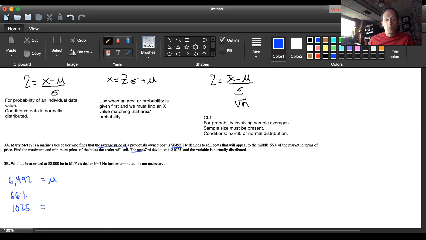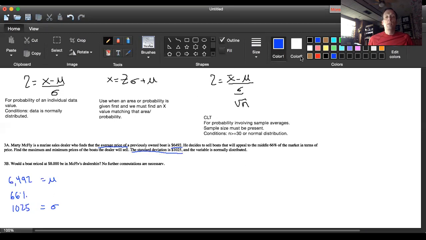My 1025 is going to be my population standard deviation because it's quoted with the words standard deviation, so I'm going to make that my symbol for sigma. And they're asking us something about finding minimum and maximum prices. That's not a number I can label, but it's something I'm going to tuck under my hat.